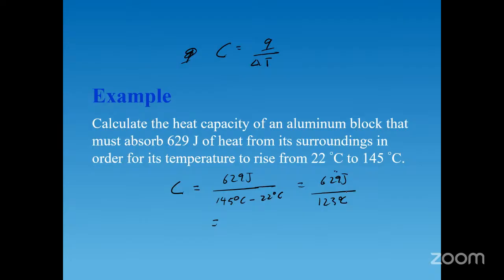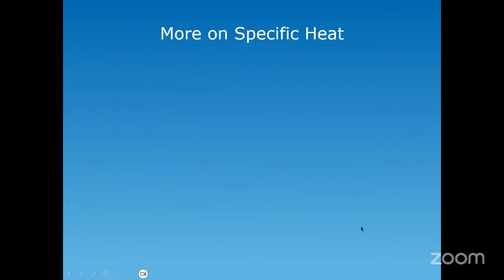So 629 divided by 123. And according to my calculation, the final answer will be 5.11 joules per degree Celsius. And that's how you do that. Okay, any questions about this one? Any questions? All right, next.